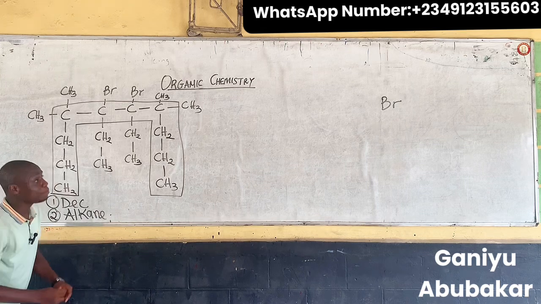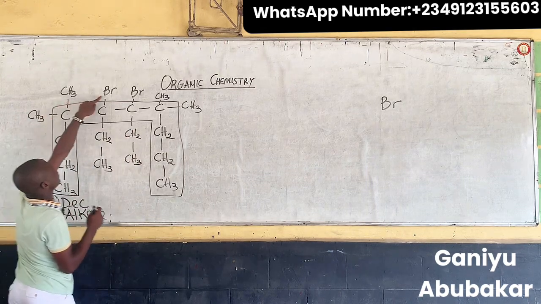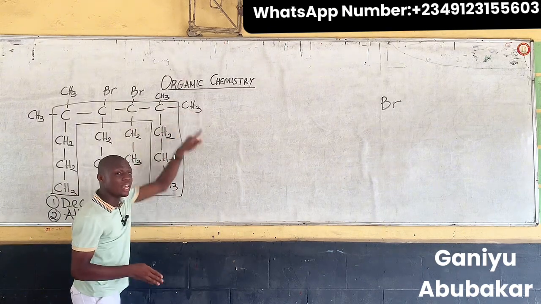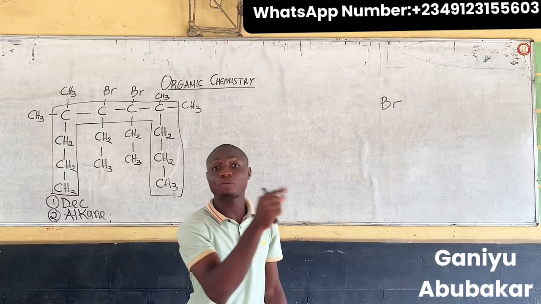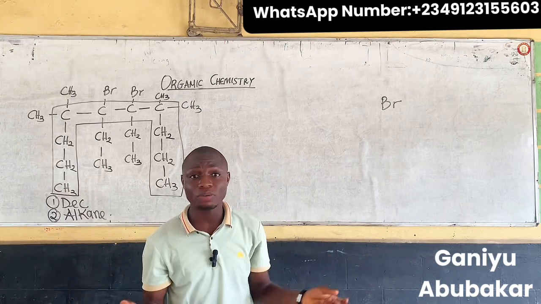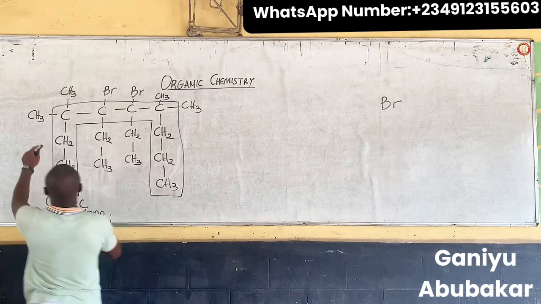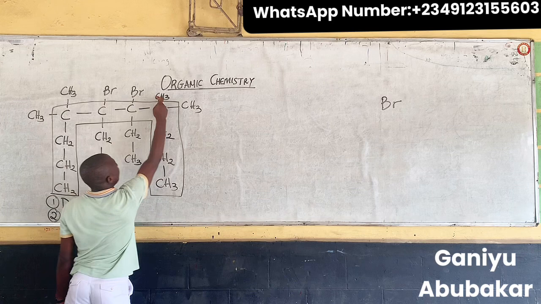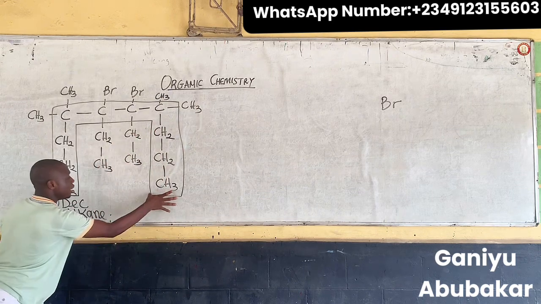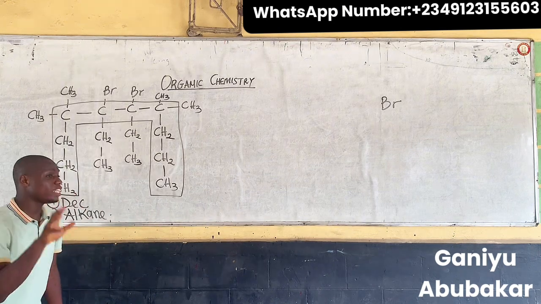What does it mean? It means that this and this are not part of the longest chain. Hence, they become what? A substituent. A substituent is simply a group that is not part of the parent hydrocarbon. So these ones here, 1, 2, 3, 4, 5, 6, 7, 8, 9, 10, are not part of the one in this box, so they become a substituent.